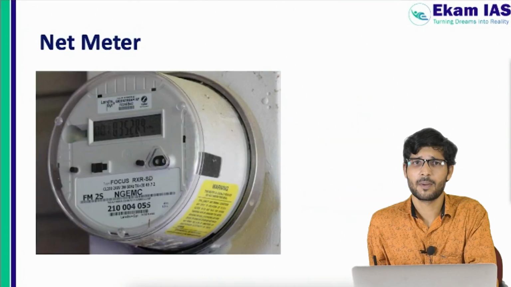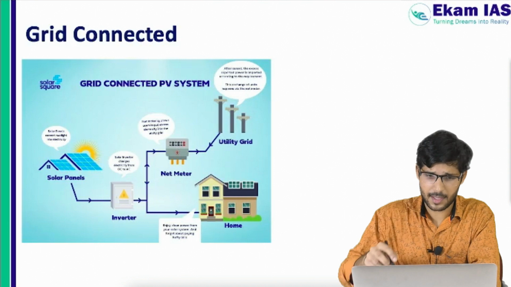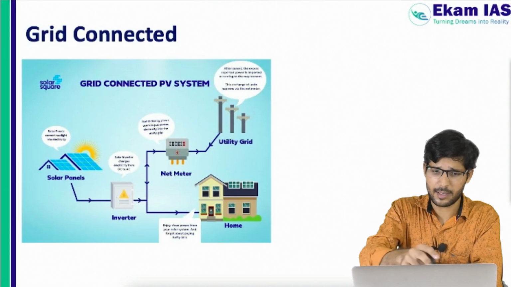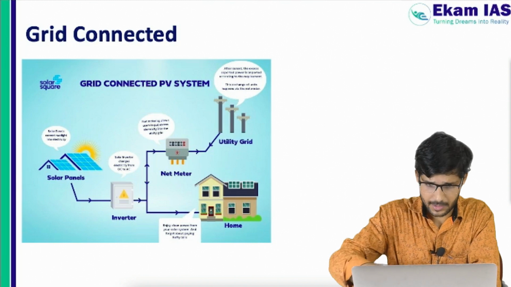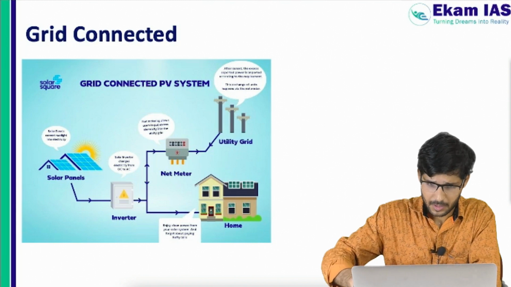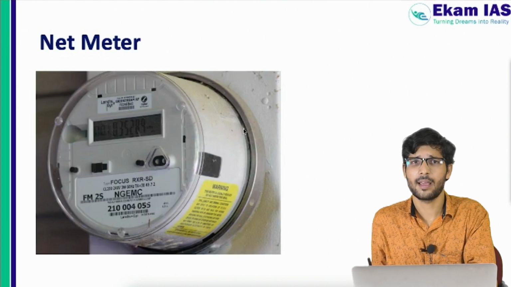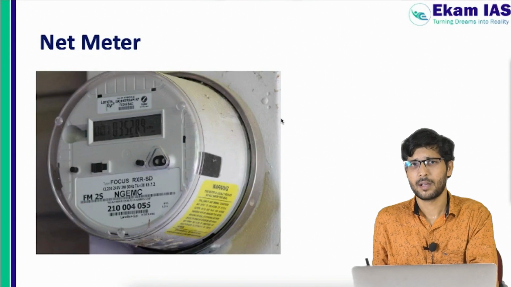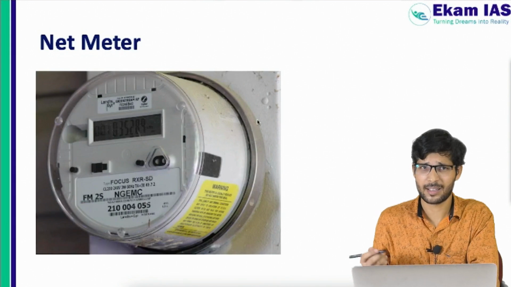In this context we will be discussing the net meter. Here we have seen that there is a net meter attached between the residential house and the grid, that is the local grid or central grid. So what is a net meter? As you can see, it is like a regular meter that is placed in a house to monitor the electricity.